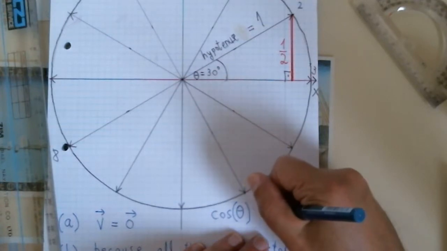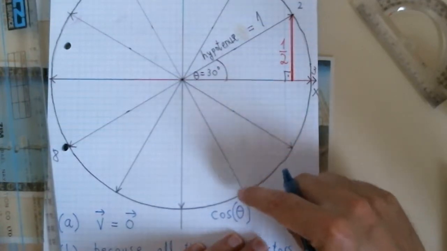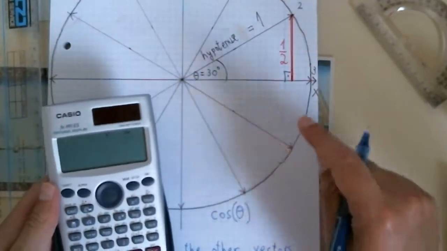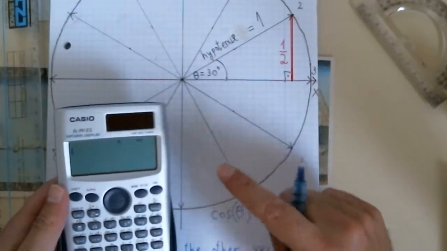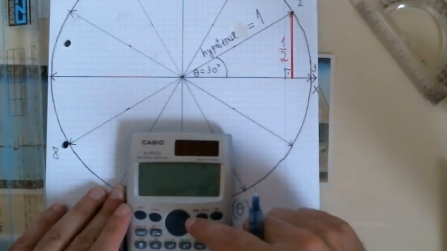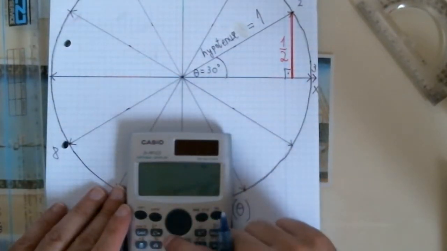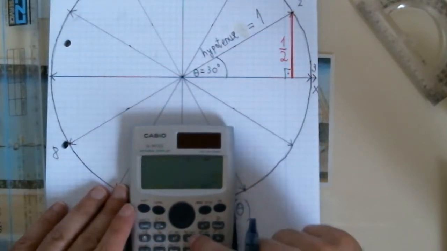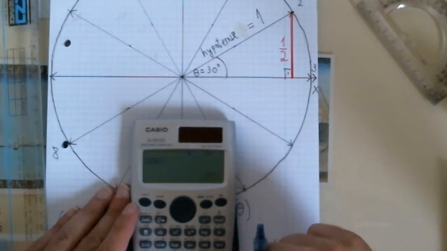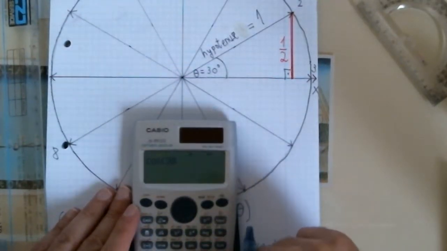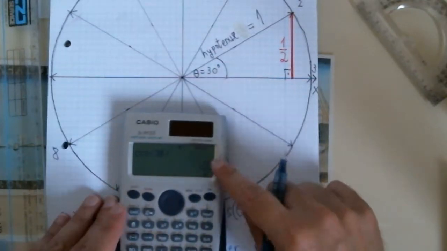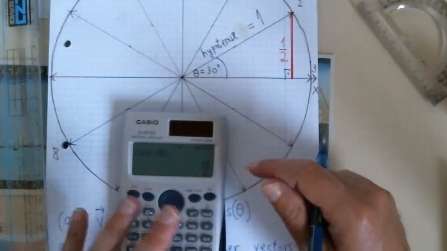Cosine of theta, in our case, it's cosine of 30 degrees. I think it's something with the root of 3, but I don't remember exactly. We will do it in the computer. So cosine, it's this button, of 30 degrees. We are already in degrees, equals the root of 3 divided by 2.